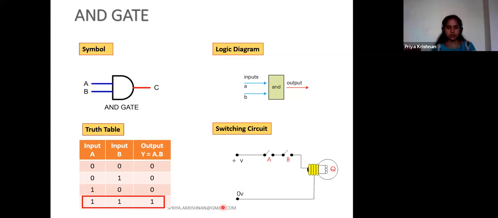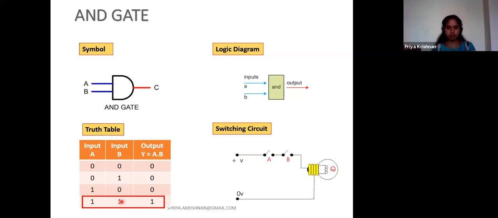Any question? You can put it in the chat window. See here, a simple example: this lamp is my output, lamp is my Y. The Y lamp will glow only when both the A switch and B switch are closed.